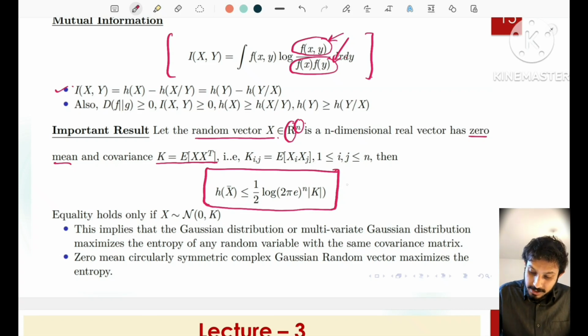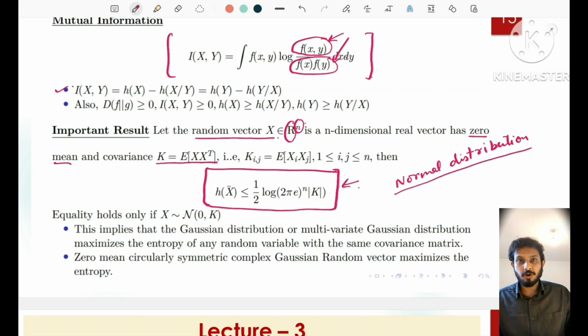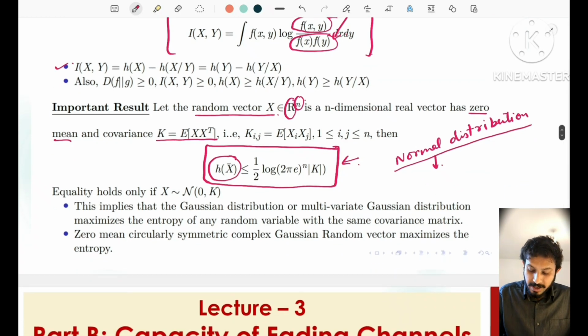The important result is that when we consider the normal distribution, we get the maximum value of entropy. So what we can conclude is that the normal distribution maximizes the entropy, and for any other distribution, the entropy will be less than the entropy of the normal distribution. And equality holds when x is distributed as normal with 0 mean and covariance K.